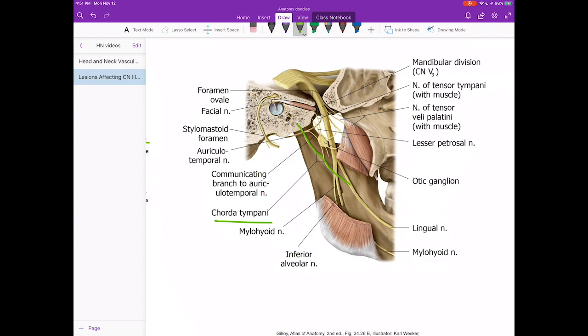The first is drawn solid line here, which would continue down the lingual nerve, is going to go to the submandibular ganglion, right here. And from the submandibular ganglion, it will innervate the submandibular gland and also the sublingual gland.